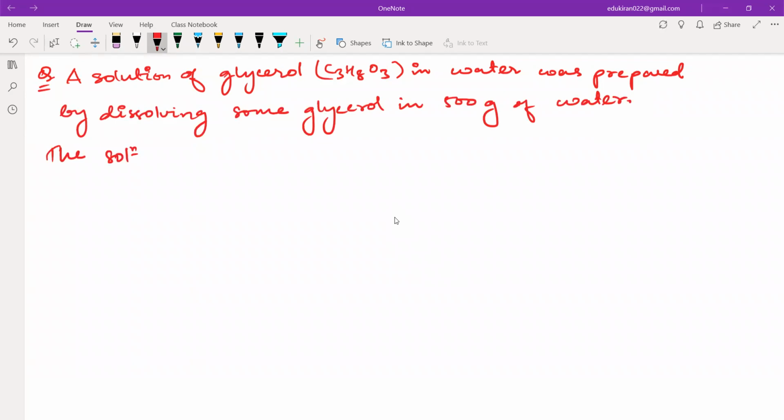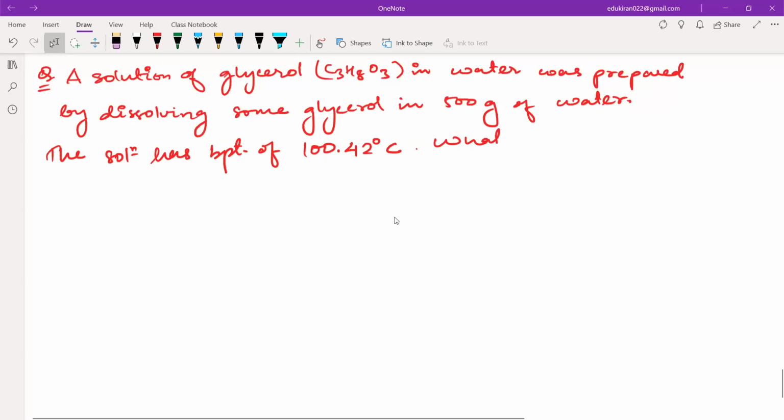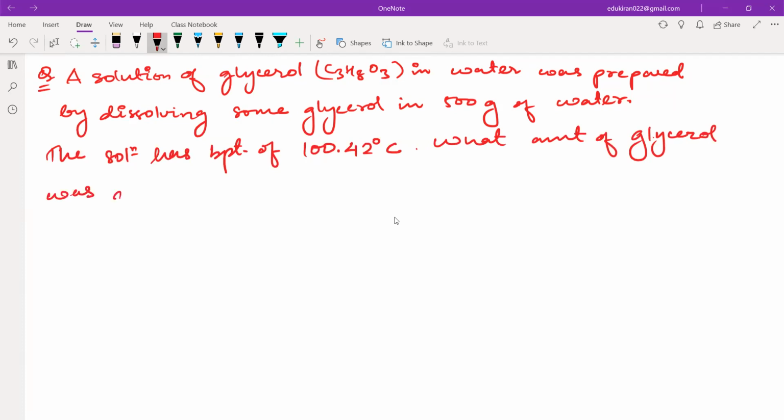The solution has boiling point of 100.42 degrees Celsius. What amount of glycerol was added to make this solution?